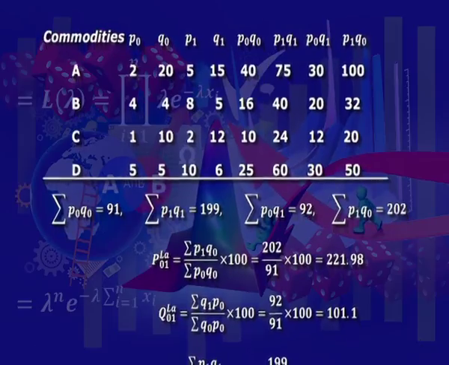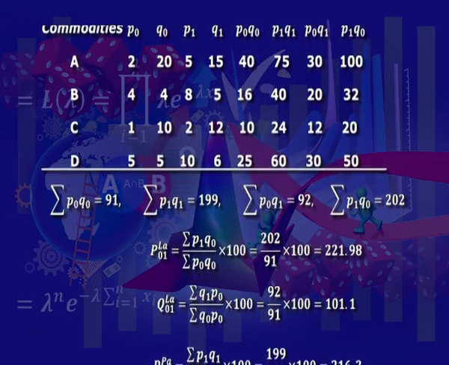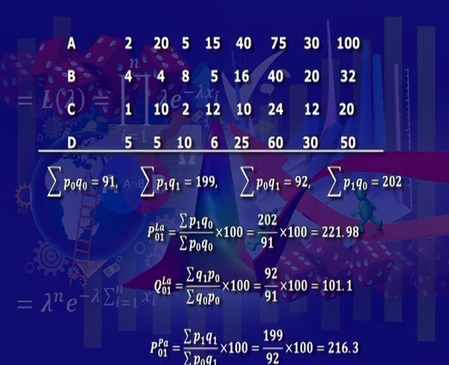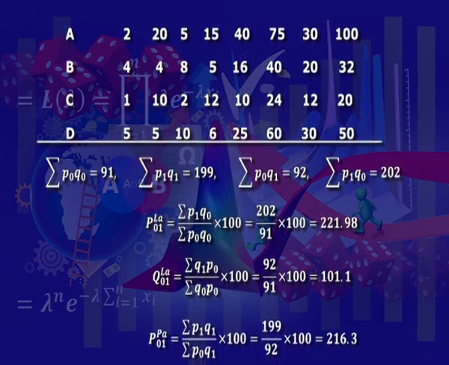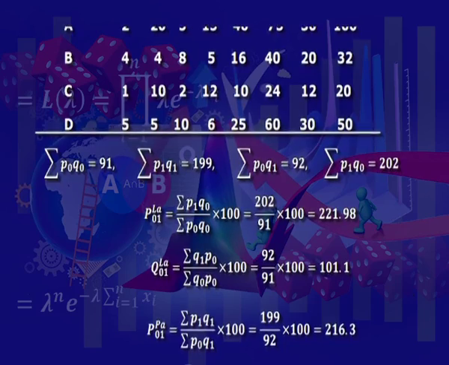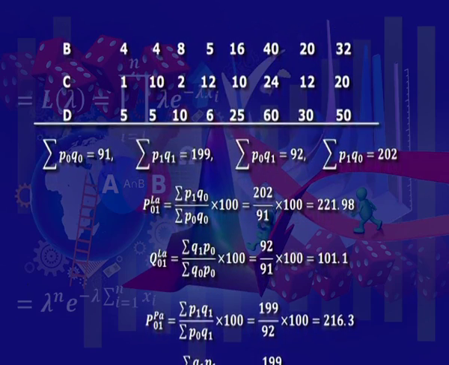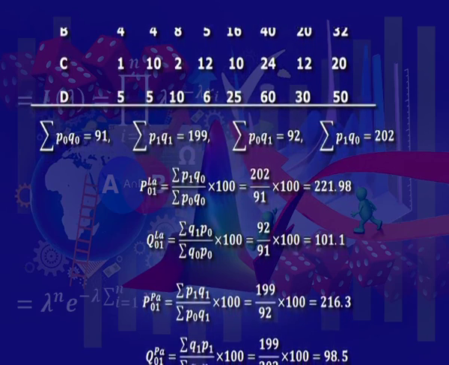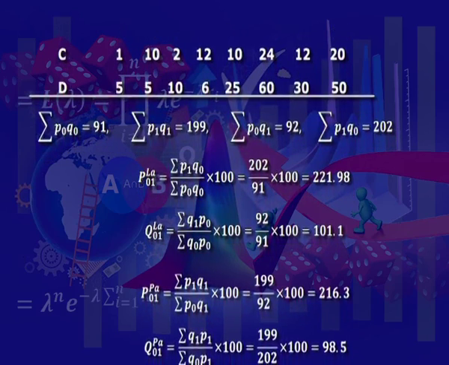Similarly, the Laspeyres quantity index number is given by Q01LA equal to summation Q1P0 upon summation Q0P0 multiplied by 100. Substituting the values of both the summations, we get 92 upon 91 multiplied by 100 equal to 101.1.